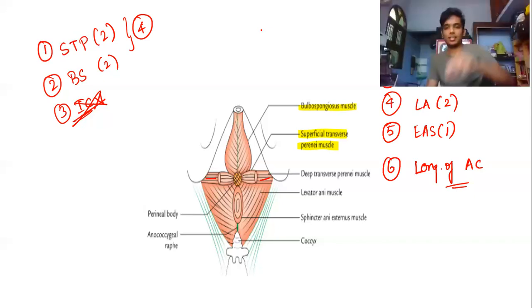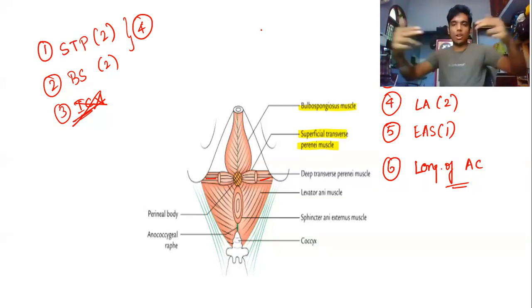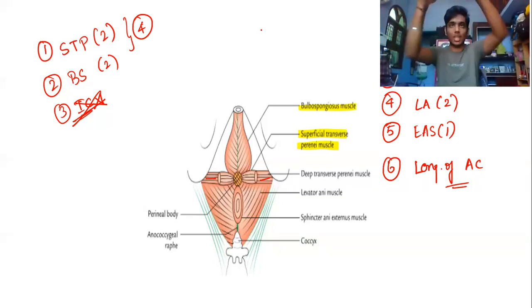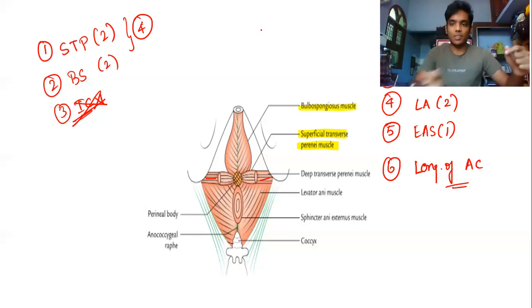So what is this? Yes, it is a mass in the center, right? So this mass is formed by various groups of muscles. So here you have the superficial transverse perineal muscle. Then here you have the bulbospongiosus muscle, right? And the deeper structures, you have the levator ani muscle. Then you have got the external anal sphincter, and you have got the longitudinal muscle. So what happens is, from all directions, the muscle fibers are going to form a knot-like structure.